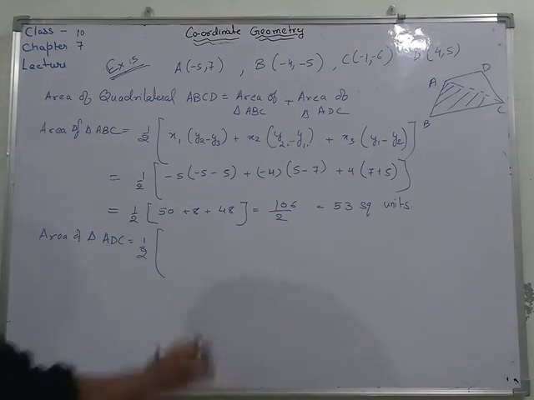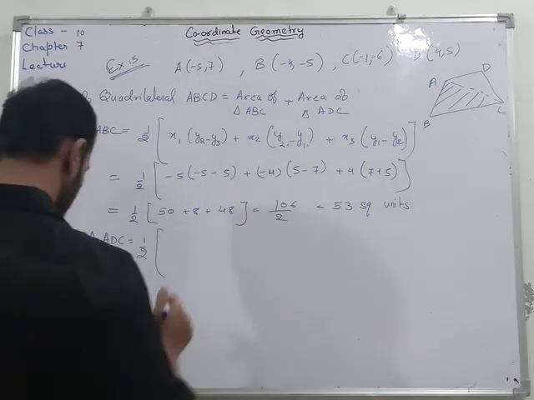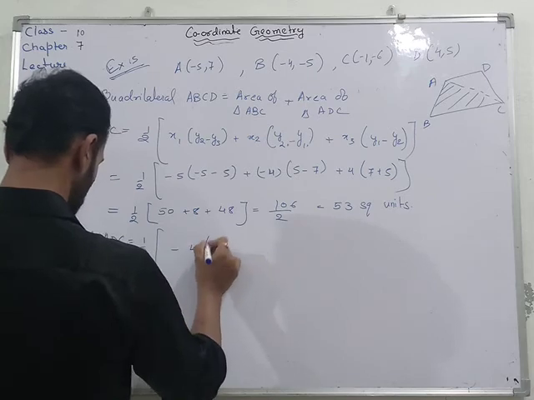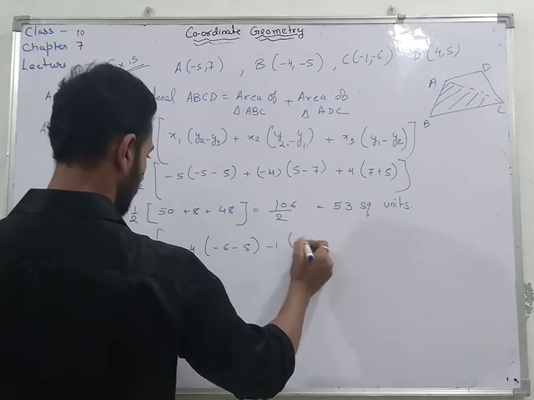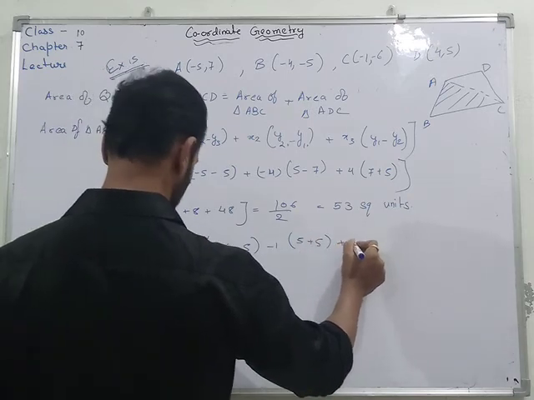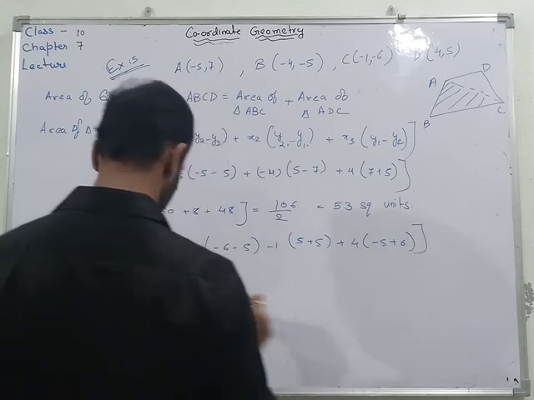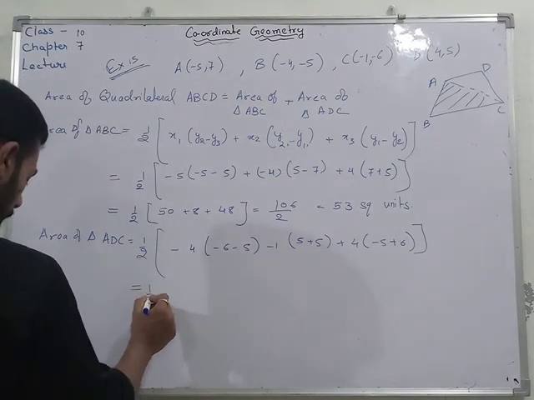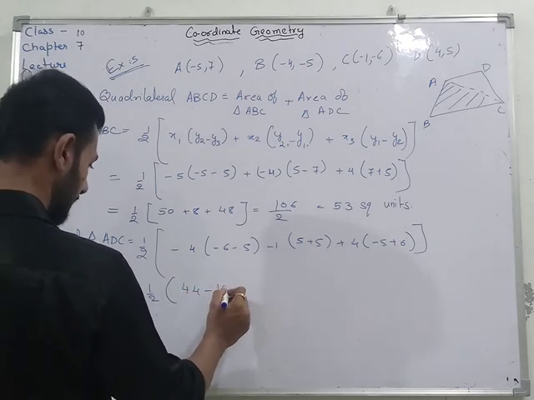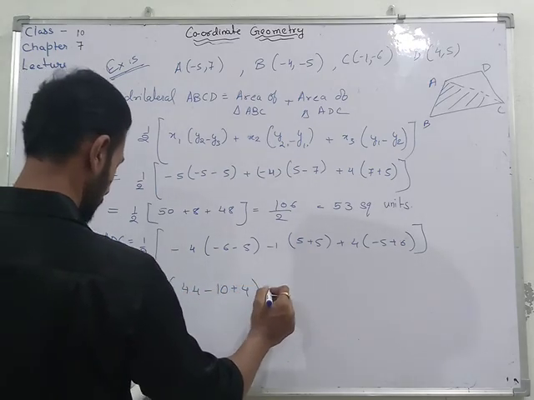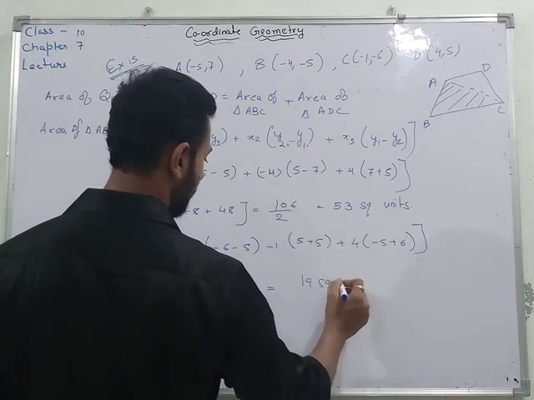Directly substituting the values in this formula for ADC, on solving we will be getting 1 by 2 (44 minus 10 plus 4), which is equal to 19 square units.